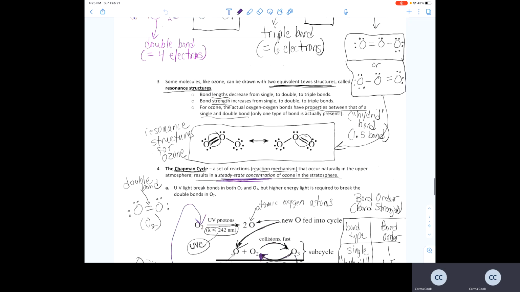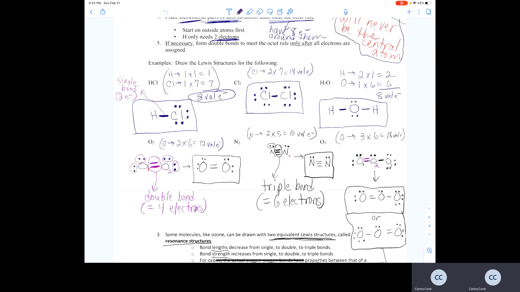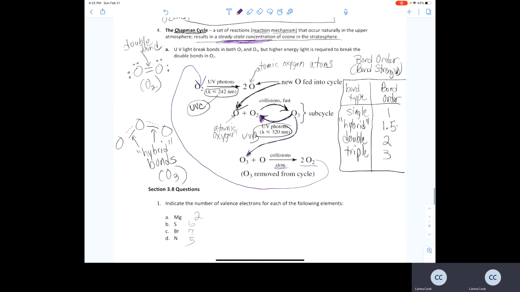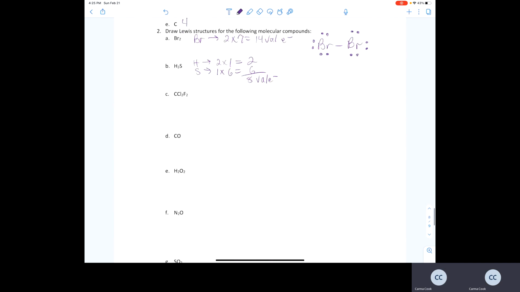We already drew the Lewis structure for H2O, so that for H2S should look the same. All you do is replace the O with an S. And there are your 8 valence electrons. 2, 4, 6, 7, and 8.